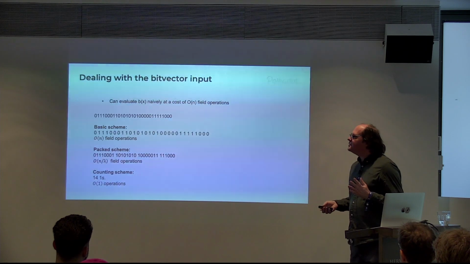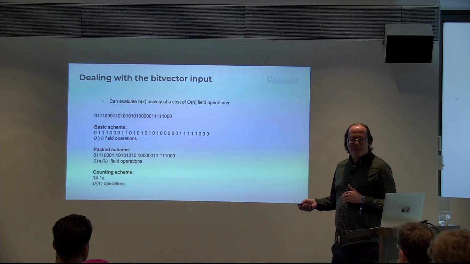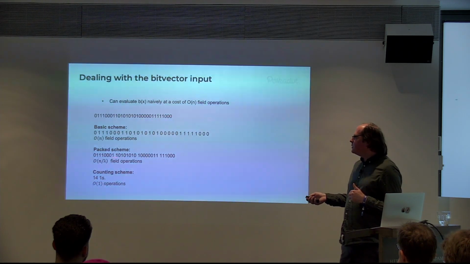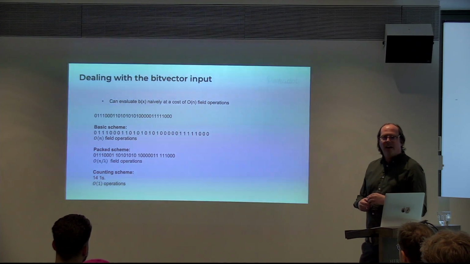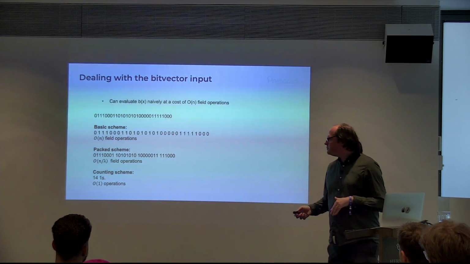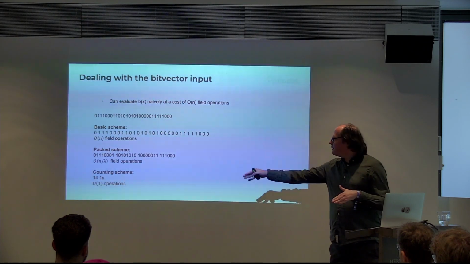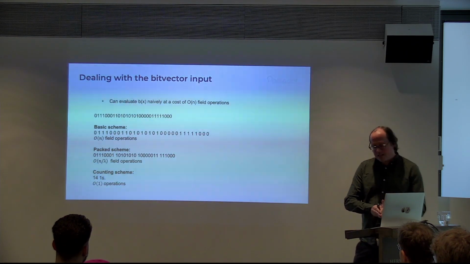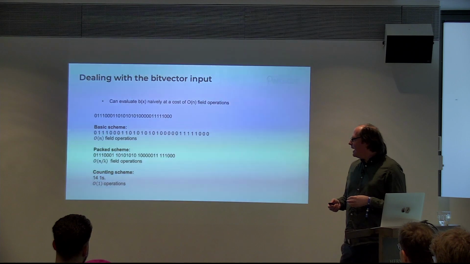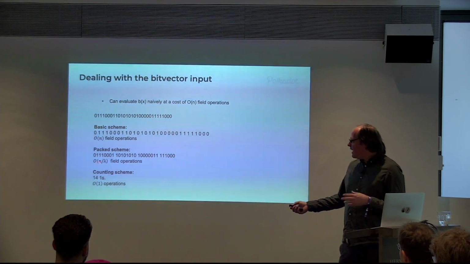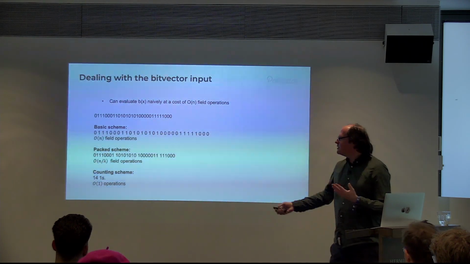There are other things you can do. Here we're imagining that we consider each bit to be its own field element. Another thing we could do was to split this bit vector into chunks and consider those to be field elements. We'd have to add a few constraints. In particular, we have this pack scheme where we divide the input into sections of 128 bits or something that's a power of 2 that fits nicely into a field element. Then we think of this as order of n over lambda, where lambda is your security parameter, because your field size is 3 lambda.